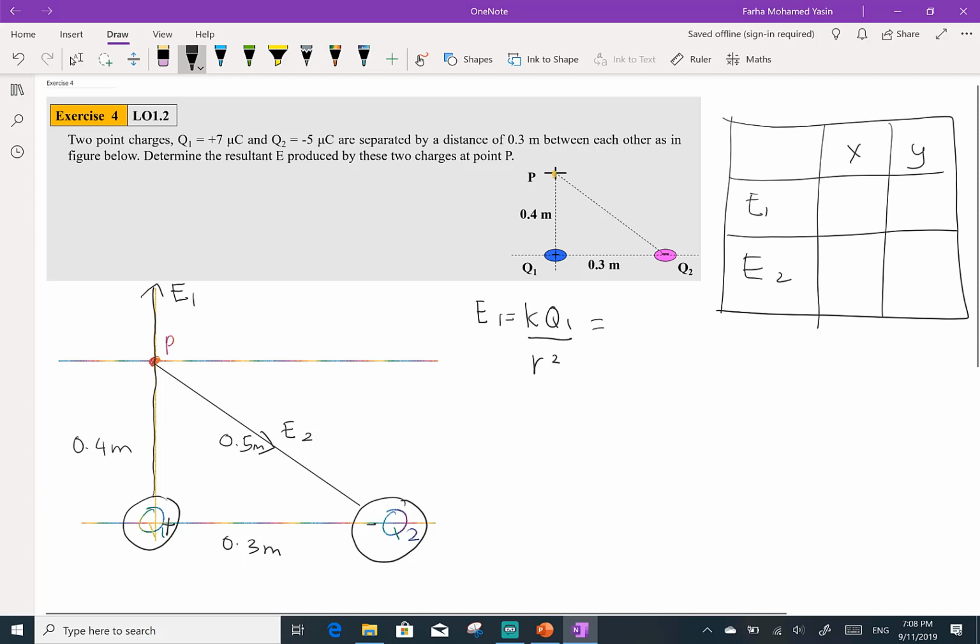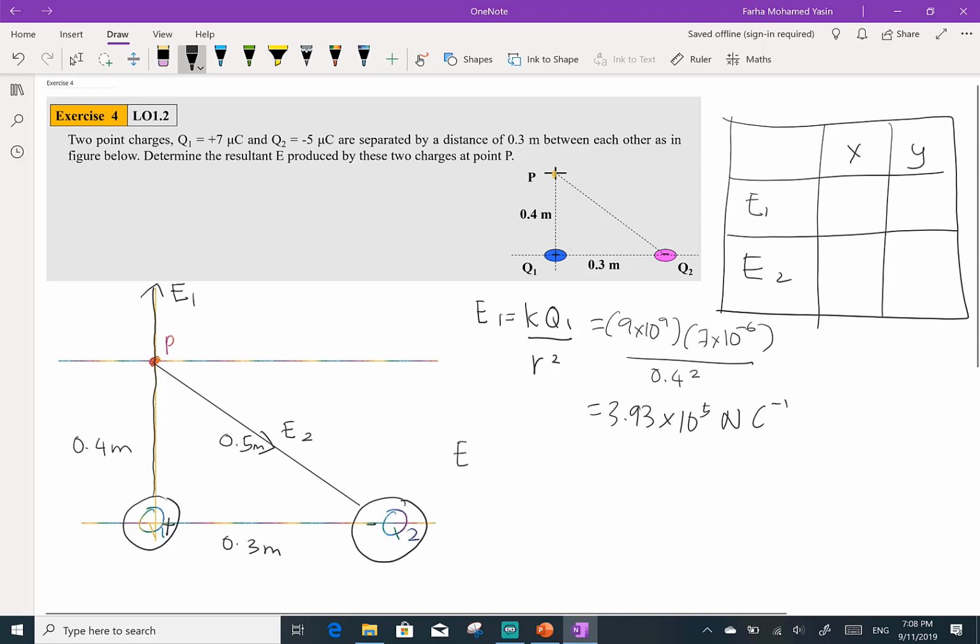But before that kita kira nilai E1 dan E2. E1: 9 power of 9, Q1 is 7 power of negative 6, and R is 0.4 square. So we get 3.93 power of 5 Newton per Coulomb.